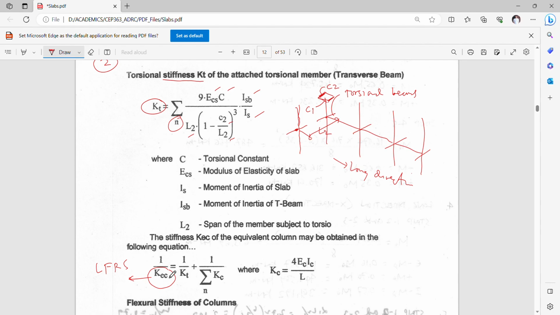So this is now the equivalent column, the stiffness of the column which will be used in our analysis.